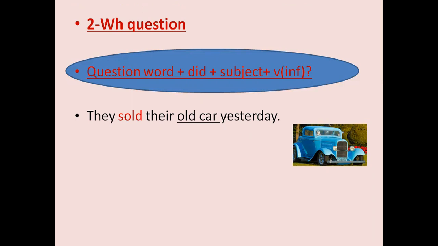So we start with the question word what, and we put did, and we put the subject they, and we put the verb in infinitive, and we complete the question.